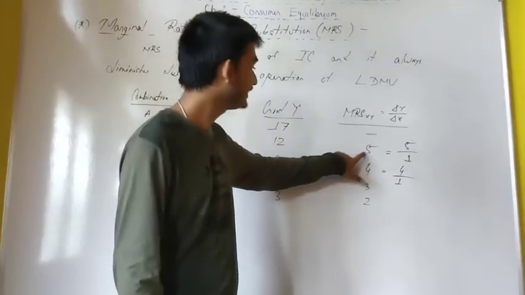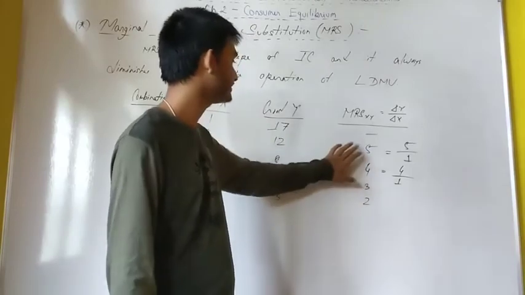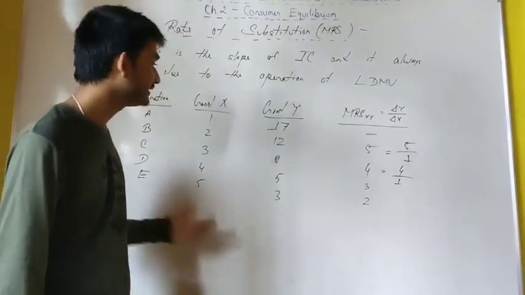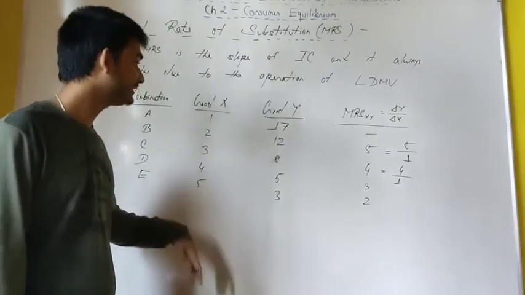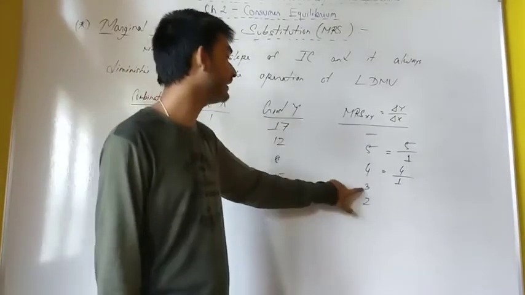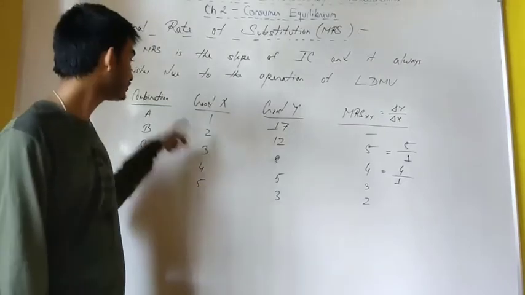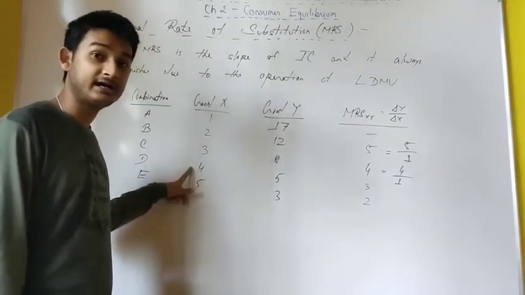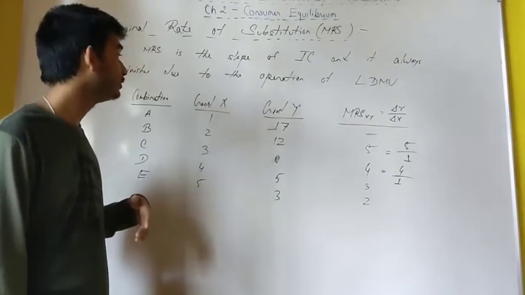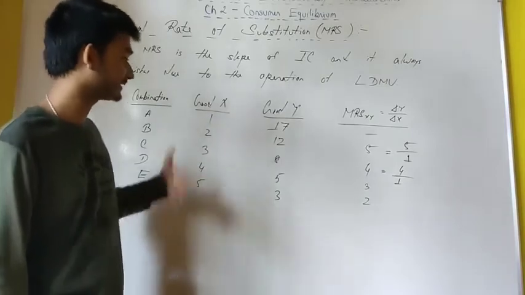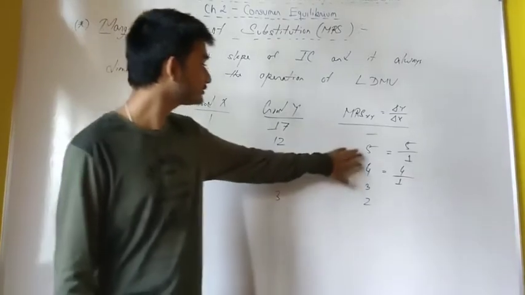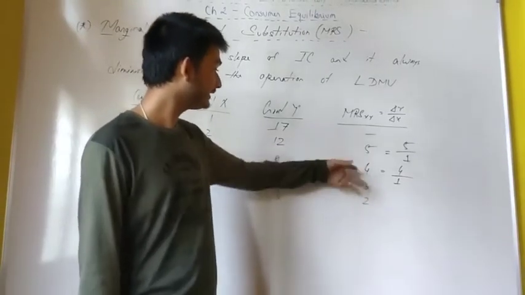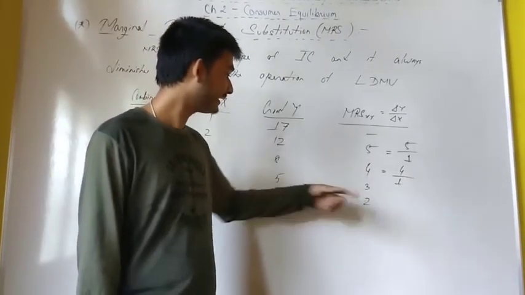Here you see, in the first place he sacrificed 5 units. Now he is sacrificing 4 units. In the next place he is sacrificing even less, 3, because he is having a falling marginal utility for commodity X. And in the last case also he is sacrificing even less. At first he sacrificed 5, then 4, then 3, then 2.